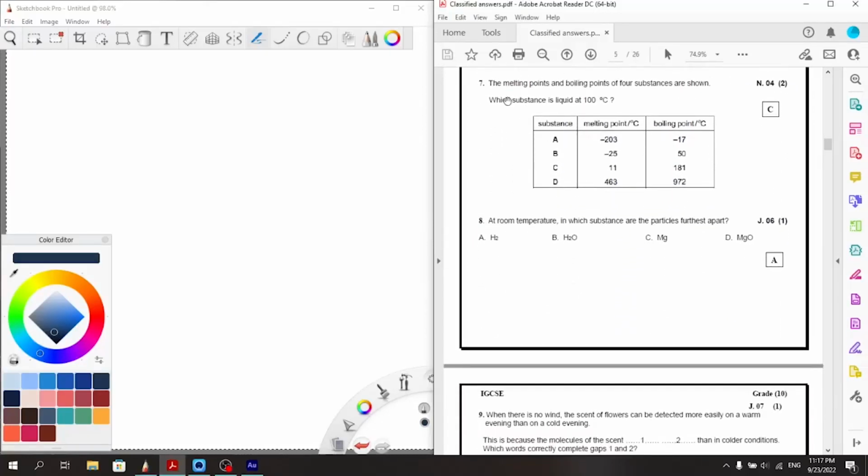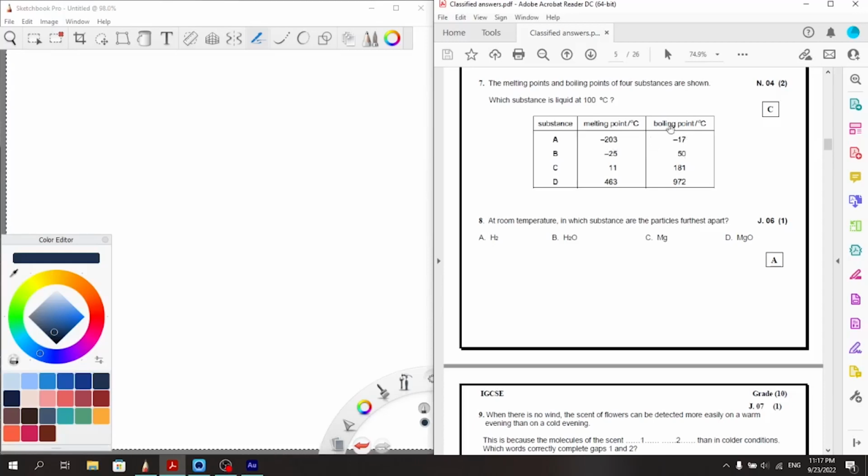7. The melting points and boiling points of 4 substances are shown. Which substance is liquid at 100 degrees Celsius? Alright, we need to be smart while dealing with this question. Option A has a melting point of minus 203 and a boiling point of minus 70. Okay, so both of these are below 100.